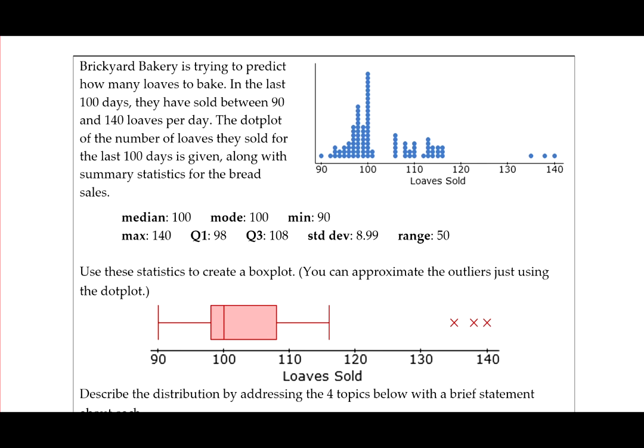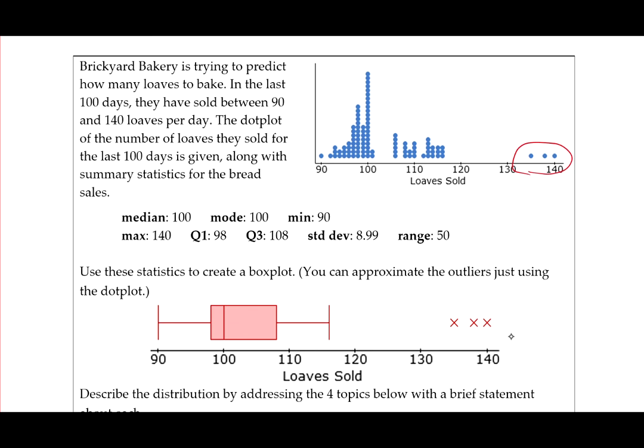So looking at the dot plot, we can see that there are some extreme values over here to the right. Looks like they are at about 135, 138, and 140. So those are going to be the outliers. We're going to mark those with these X's in our box plot. They could be asterisks or dots.